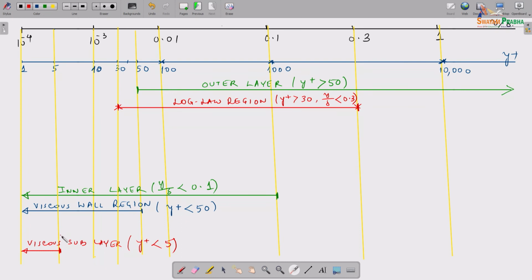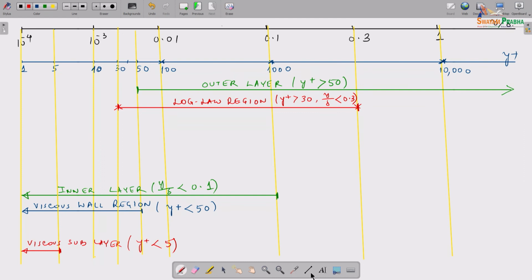The moment you cross this, the dominance of viscosity starts decreasing, so this is the region in between, which is the buffer layer. Let me just write that.